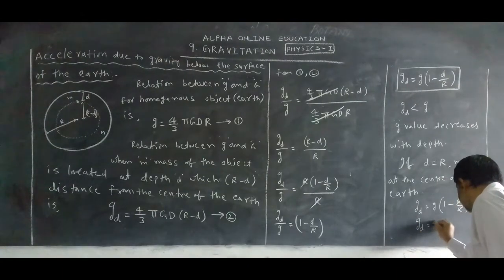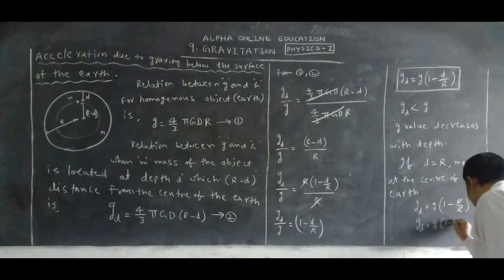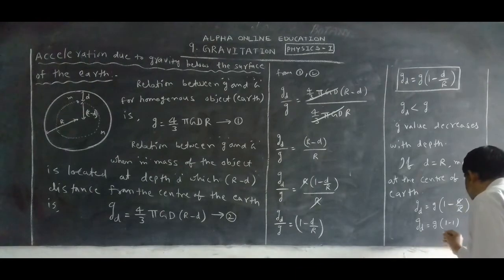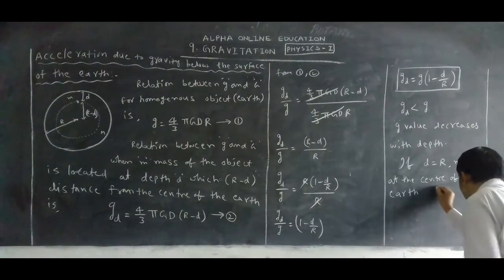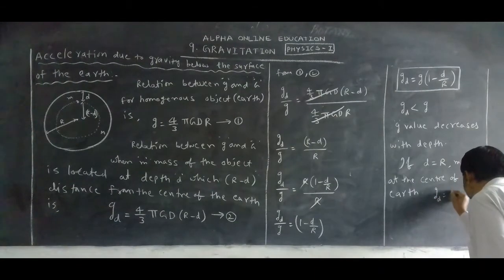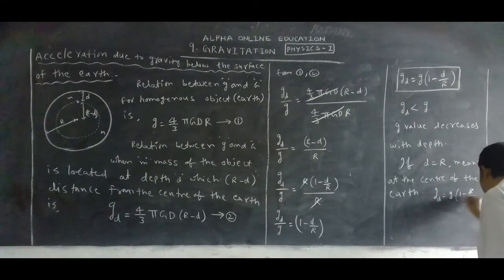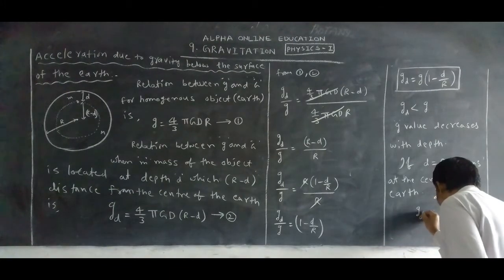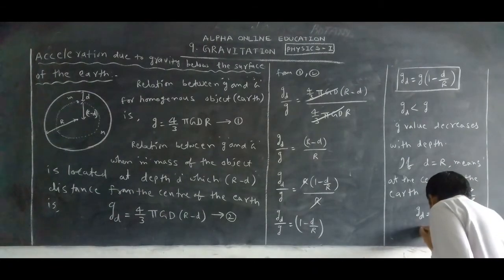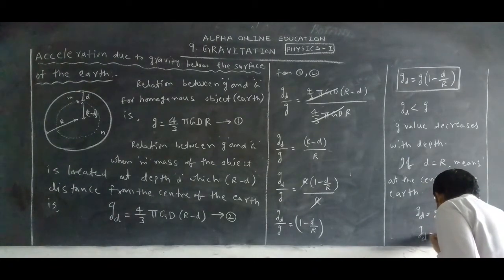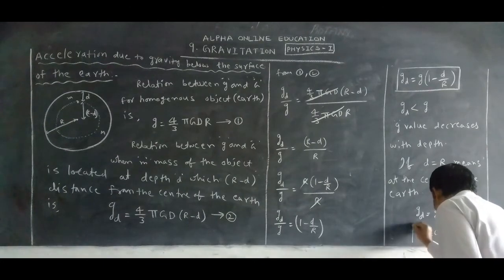So g_d is equal to g into 1 minus 1. Then g_d is equal to how much? 0.